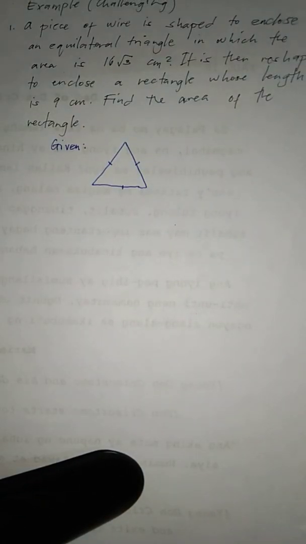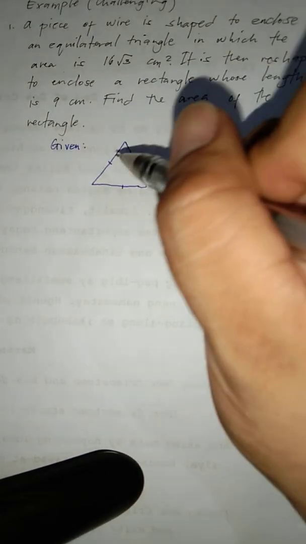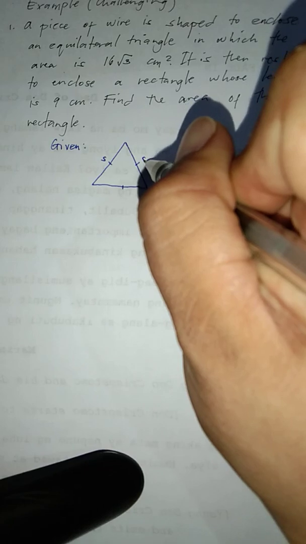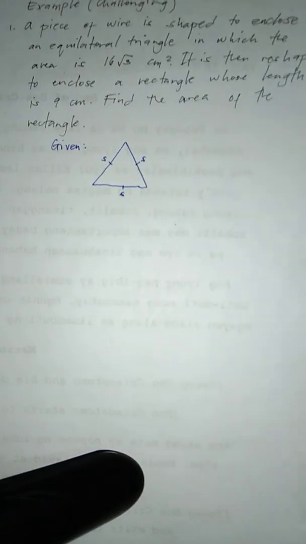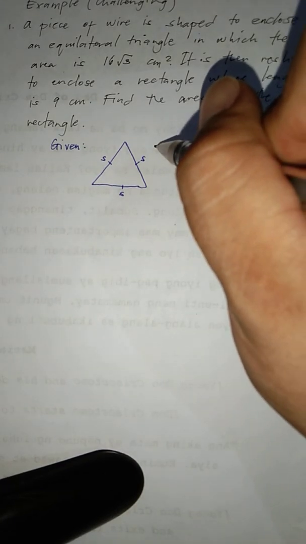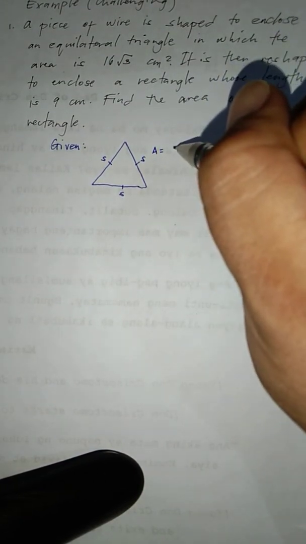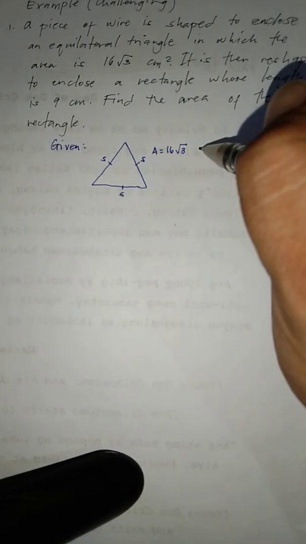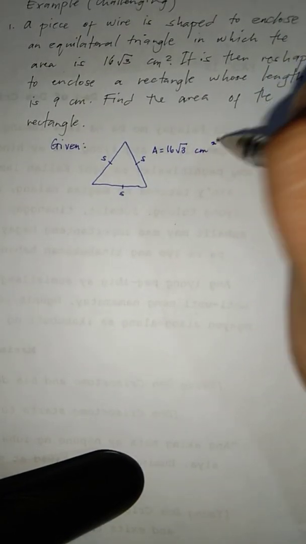Specifically, an equilateral triangle with 3 sides that are equal. So we will name these S, S, and S. According to the problem, the area of this triangle is 16 square root of 3 square centimeters.